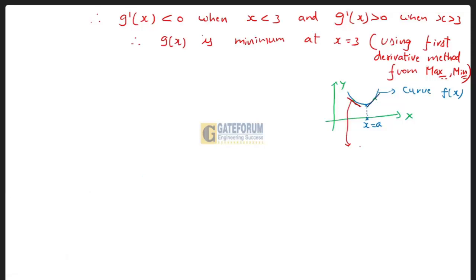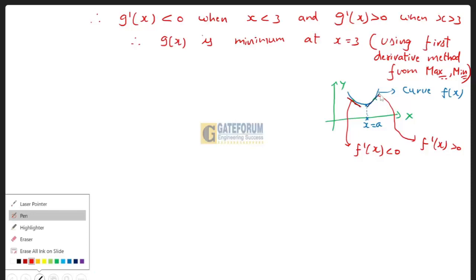This tangent slope is f dash x less than 0, and this tangent slope is f dash x greater than 0. This tangent, which is a line, makes an angle theta with the positive x-axis which is less than 90 degrees, an acute angle. If we extend this other tangent to touch the x-axis, it makes an angle more than 90 degrees.